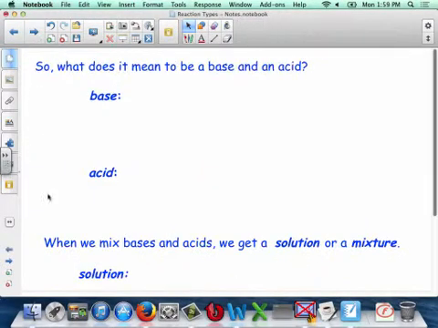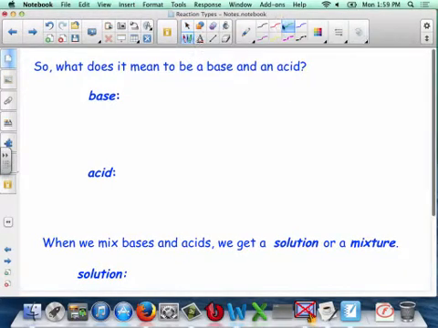Now, a couple of things about acids I want you guys to know. So we have bases, we have acids. I want you to know what these things are in terms of their chemistry, not just the pH. When we think about bases, yes, their pH is above 7, greater than 7 on the pH scale.